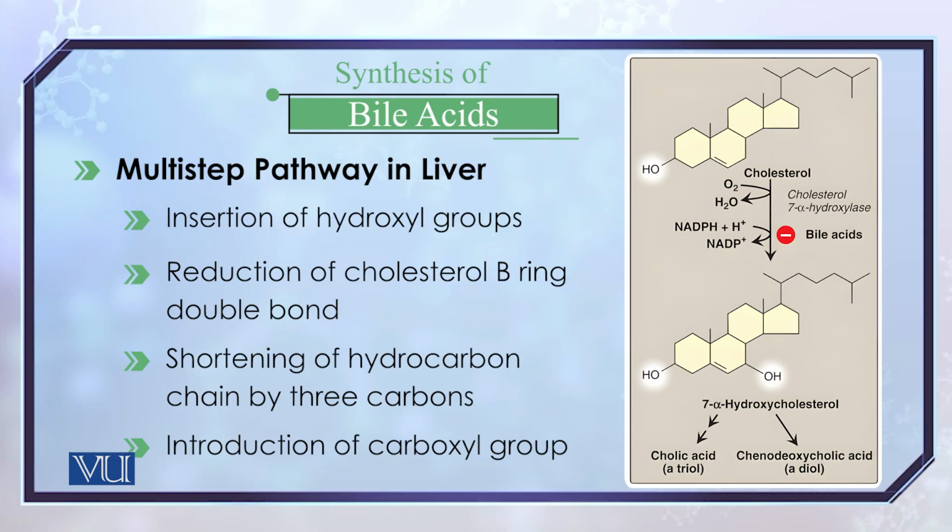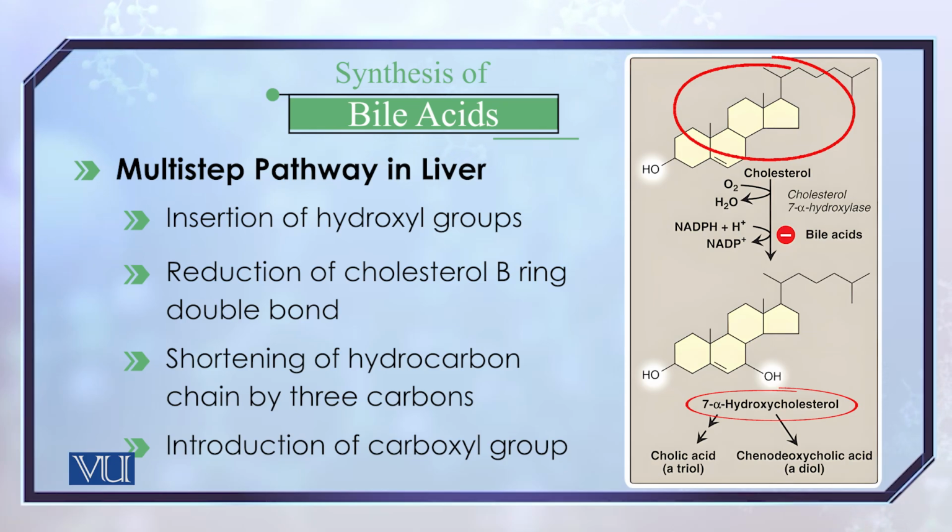You can see here that this is the main cholesterol compound, and it gives rise to the formation of the primary bile acid precursor, 7-alpha hydroxycholesterol. It's a biosynthetic reaction, so it involves the investment of energy.